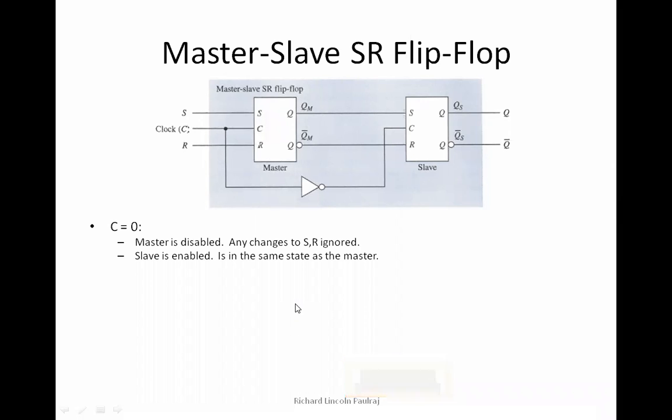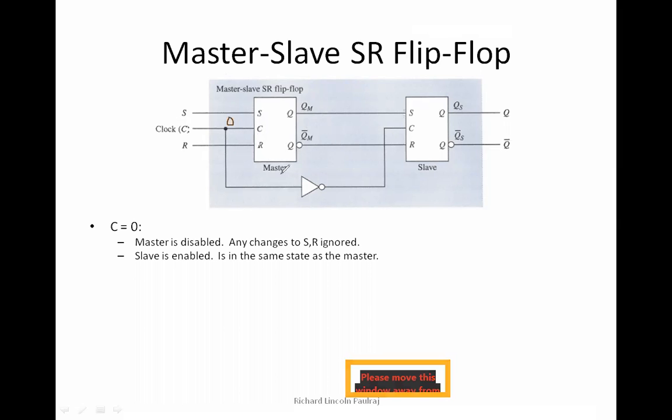So let us take case by case and we will try and understand. Let us take C equal to 0. What will happen when C is equal to 0? As I've always told you, when your clock is high, that is when your flip-flop will be enabled.